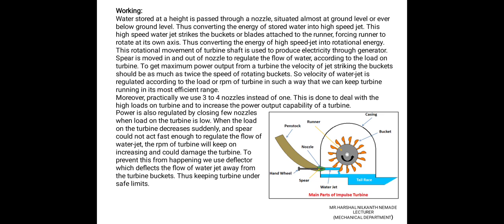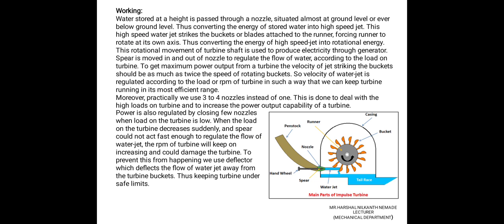So the velocity of the water jet is regulated according to the load or RPM of the turbine in such a way that we can keep the turbine running in the most efficient range. Moreover, we use 3 to 4 nozzles instead of one. This is done to deal with a high load on the turbine and increase the power output capability of the turbine.